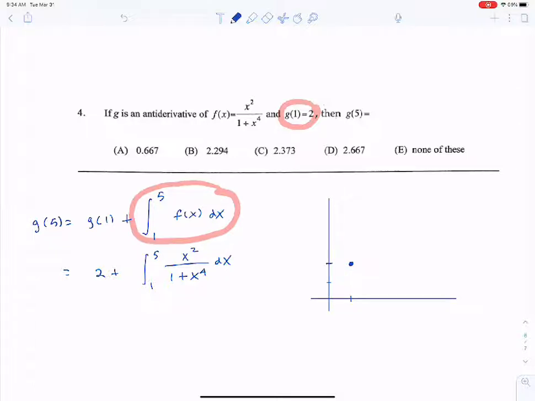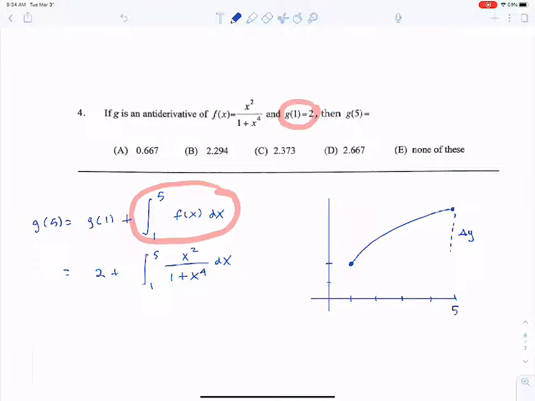My goal is to figure out, what is g of 5? What is this point right here? If all I do is integrate the highlighted piece, then all I'm doing is finding this change in y.